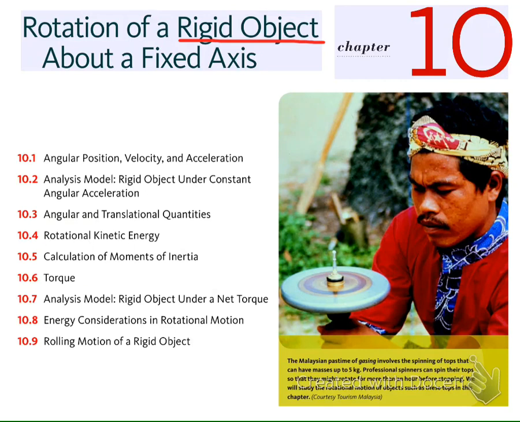And we talk about the rotation about a fixed axis. So it means that we are talking about the pure rotation. It means that the axis of rotation does not move. So we will consider only the rotation about this fixed axis, like in this figure.